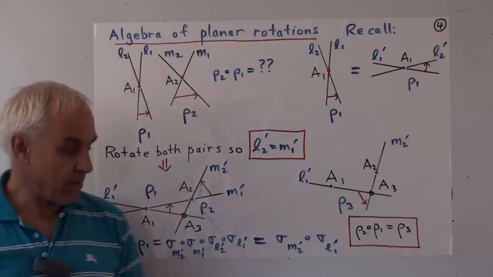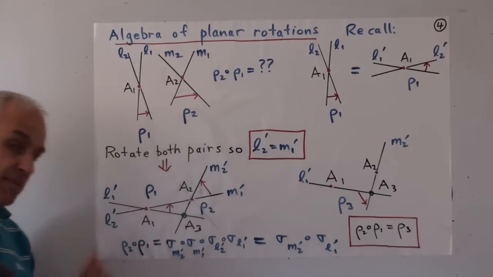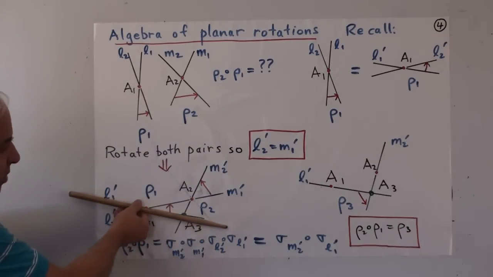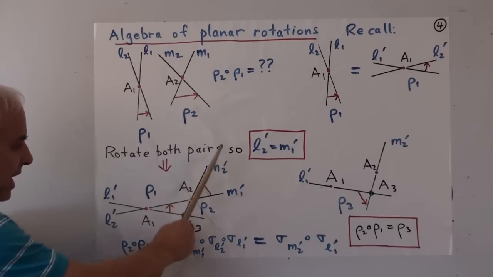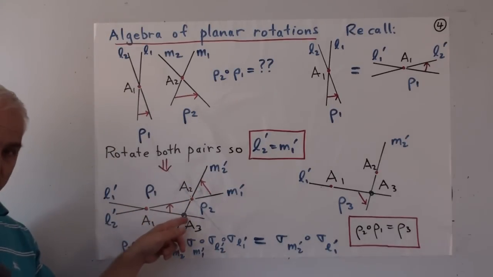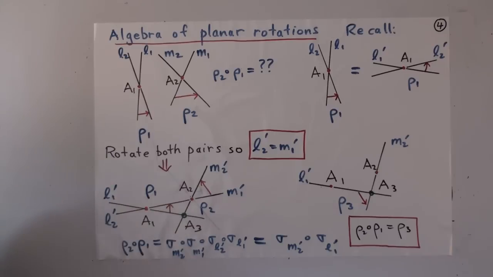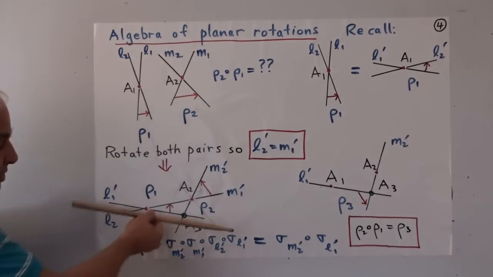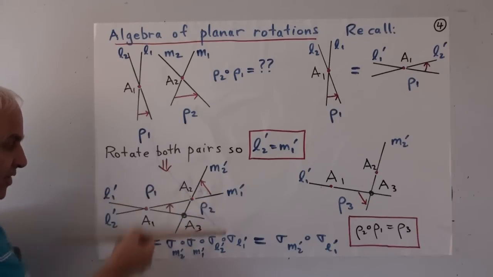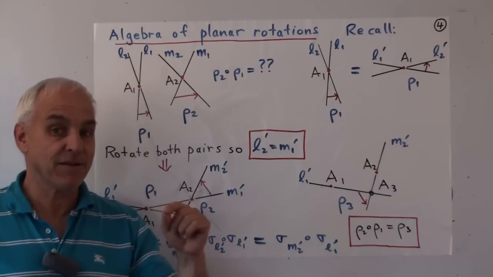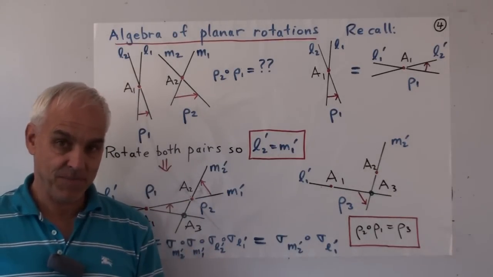Now it's proper for me to mention that sometimes something a little bit different can happen. So these two lines, L1 prime and M2 prime that we obtained here, through A1 and A2, in this case they meet at this point A3. It's also possible for those two lines to be parallel. Now if those two lines had been parallel, then there would be no point A3 where they meet. And in fact, in that case, we would not get a rotation as the product.